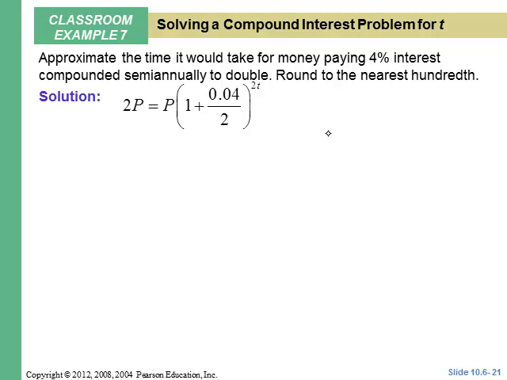Approximate the time that it would take to double your money. We would take 2 is 1.04 to the t.